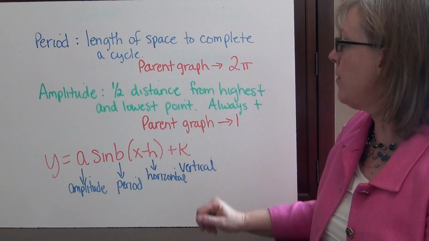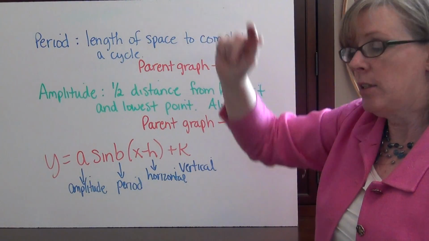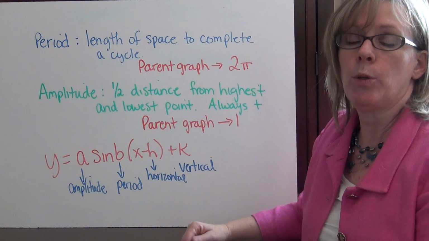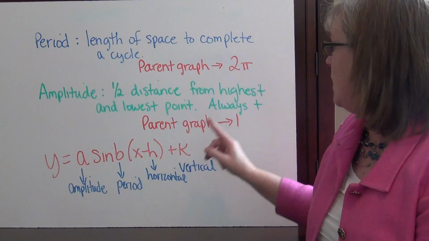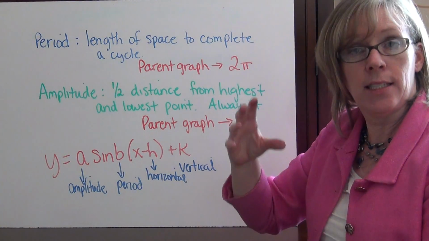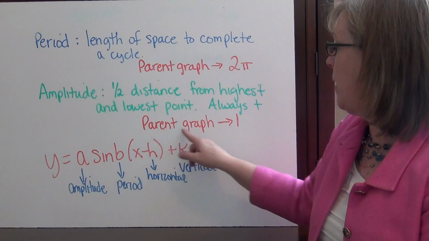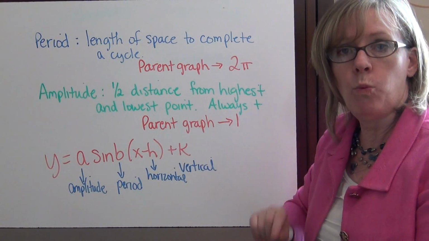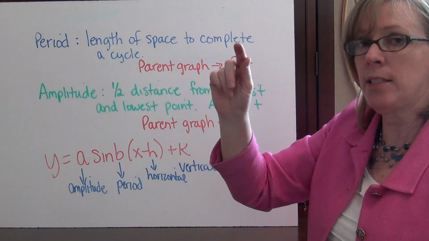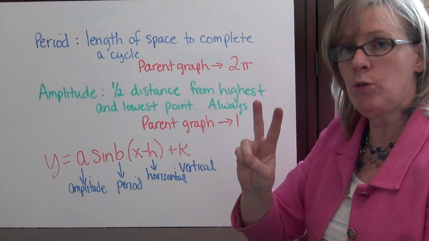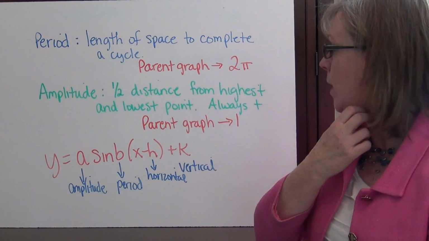It's always going to be half the distance from the top to the bottom most points on the graph. It's always positive because it's the distance between them, okay? In the parent graph, the amplitude is always 1 because I'm going from positive 1 to negative 1. That's 2 spaces divided by 2 is 1.